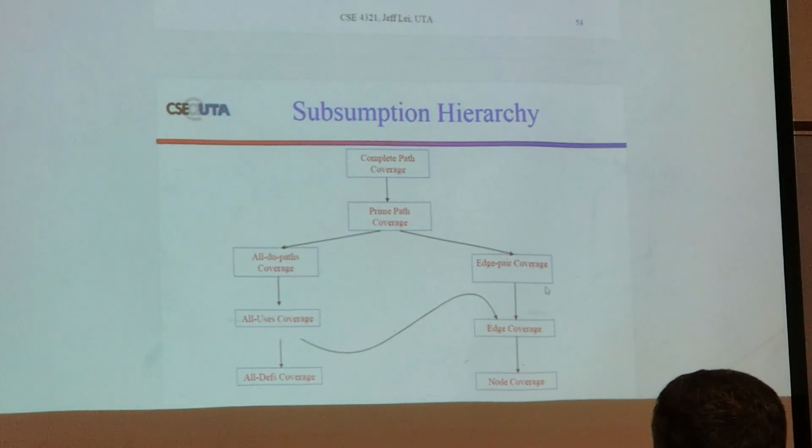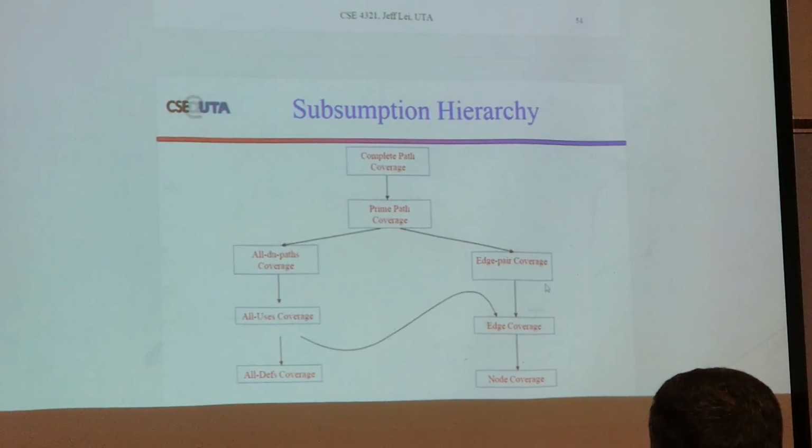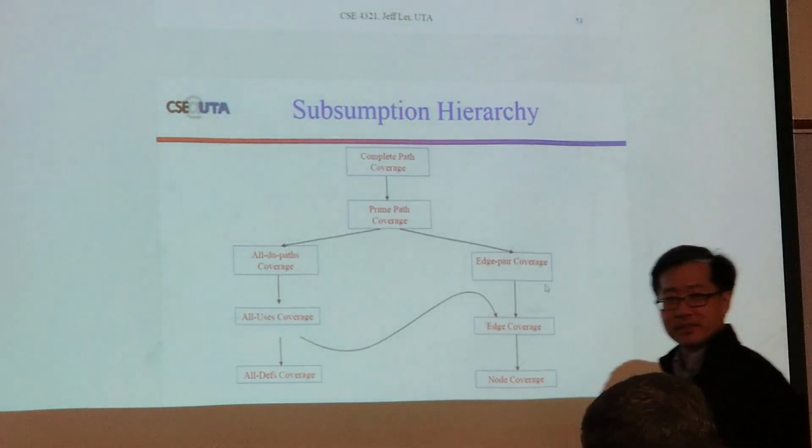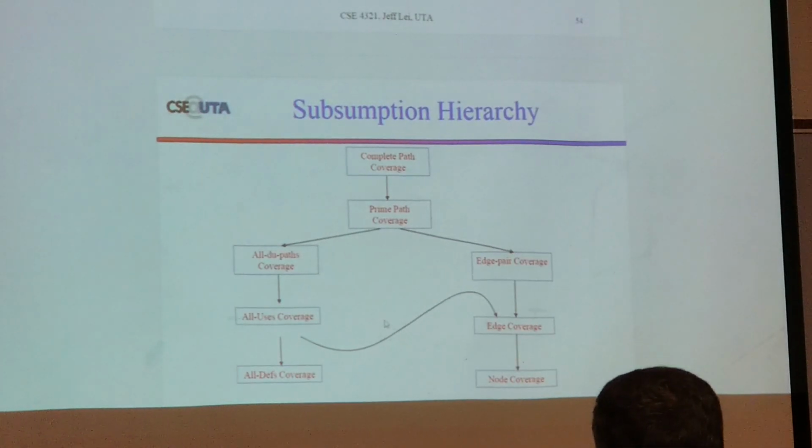It's because data flow testing can be difficult to apply because of the dynamic references problem, and also because prime path coverage is stronger than du path, and it's much easier for you to apply. So just need to keep that in mind. But nonetheless, from an academic perspective, it's important to know what data flow testing is about.